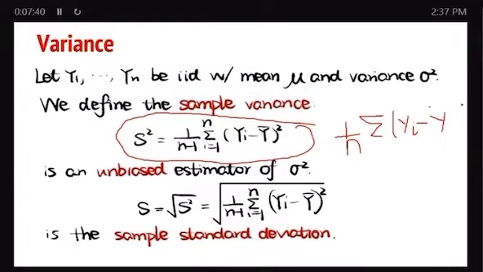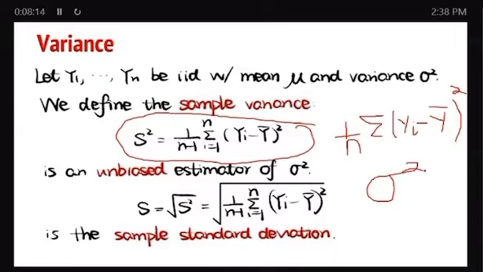Now, why is it that we prefer the one divided by n minus 1 and not the other one in estimation for variance? It is because the sample variance is an unbiased estimator for the true variance. The true variance is sigma squared. That is a population parameter, the population variance.